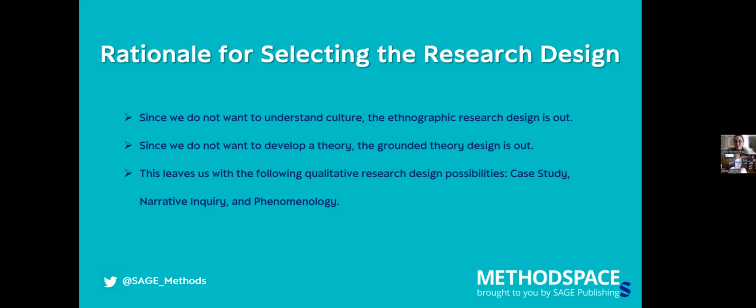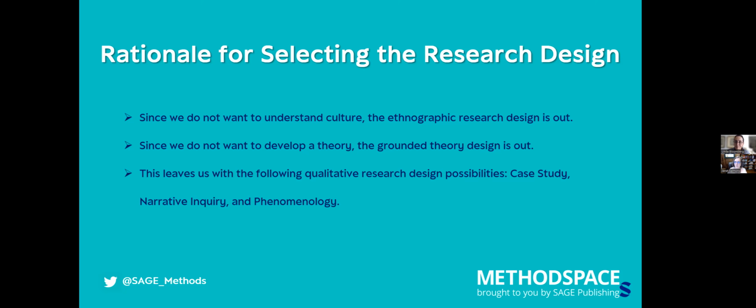Also, since we're not really looking at wanting to develop any kind of a theory, but rather understand what keeps students from completing the whole dissertation process, grounded theory design is out. So that leaves us with 3 possible qualitative research designs.